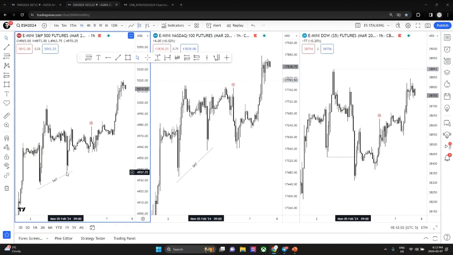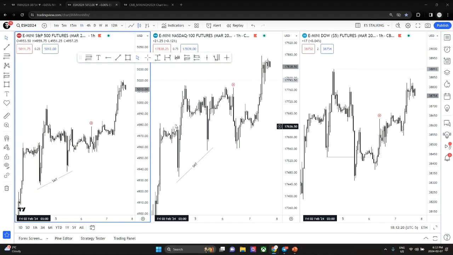this will be like a quick SMT crash course, because I want to get into the good stuff. So this week I remember saying that I would like to see the S&P 500 break below this low, as well as NASDAQ, right?